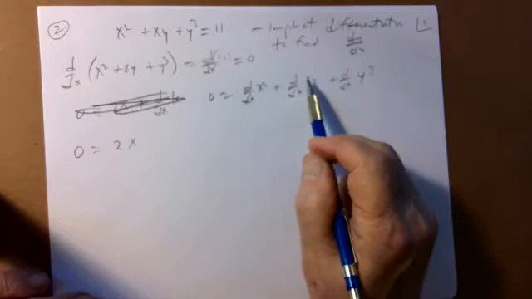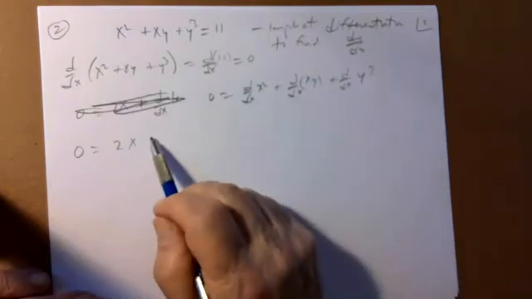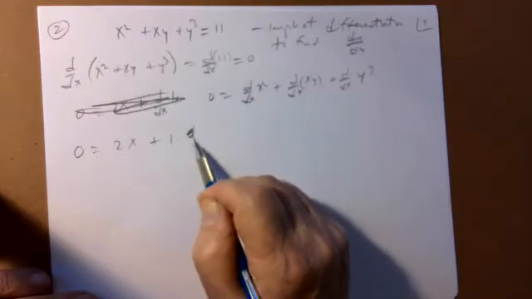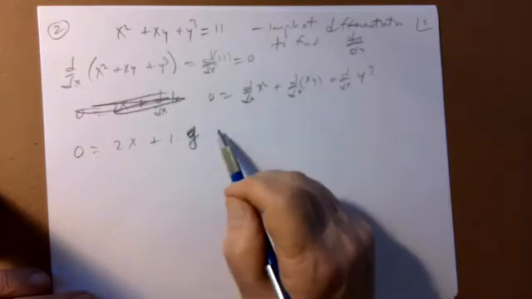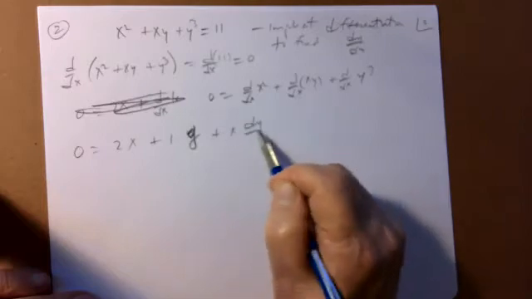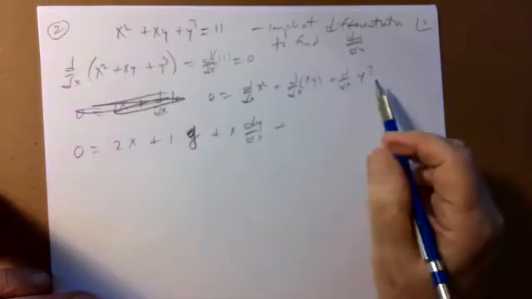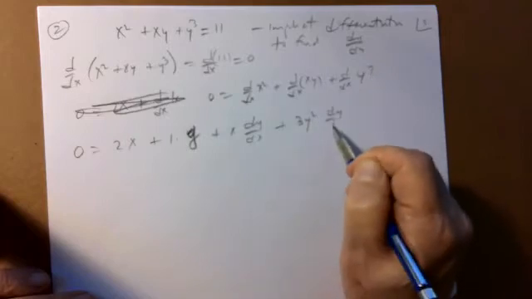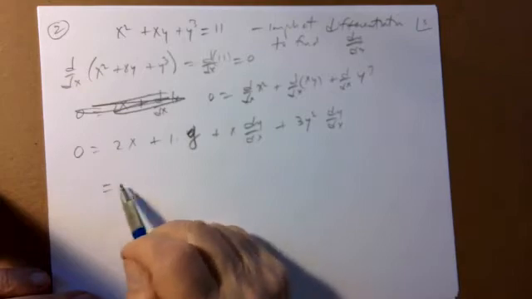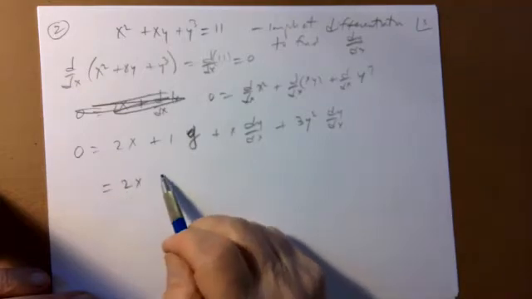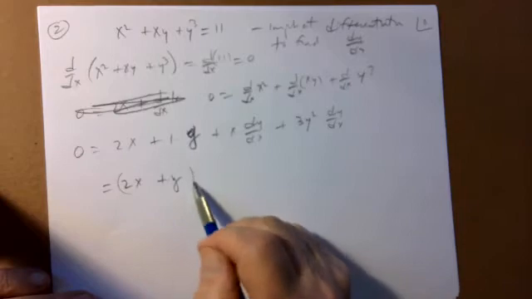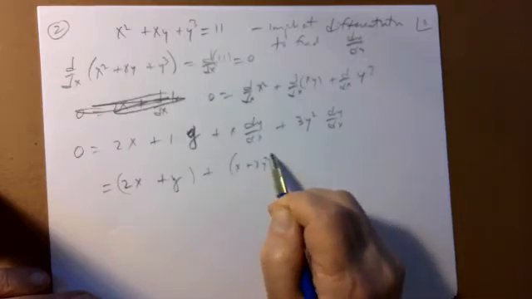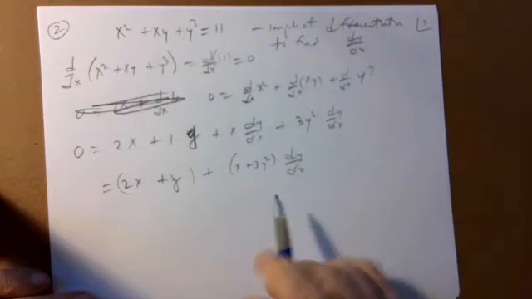By the product rule, the derivative of xy with respect to x is the derivative of x, which is 1, times y, plus x times dy/dx. And the derivative of y cubed with respect to x is 3y squared dy/dx. So this is 2x plus y plus x plus 3y squared dy/dx.